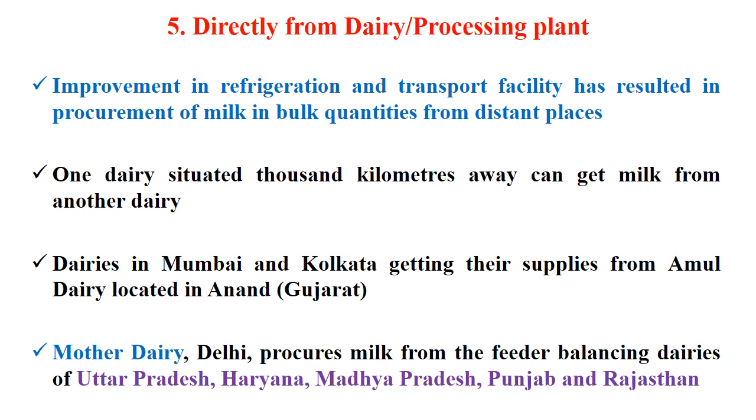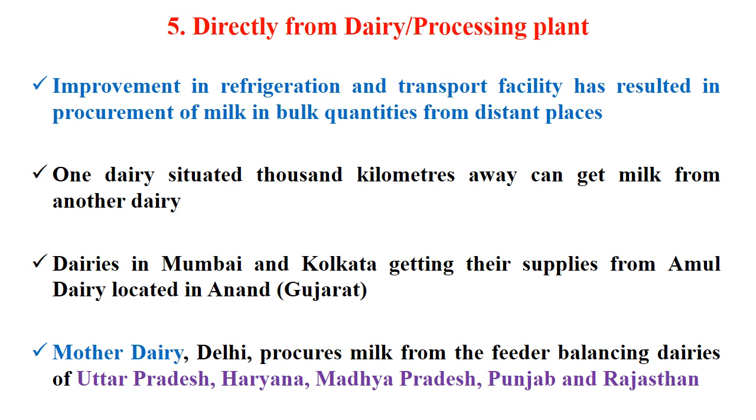This is another modern method of milk collection directly from the dairy or processing plant. Earlier we discussed the dairy development in India and the modern status of the dairy industry in India in two separate lectures. There I discussed the growth of dairy development and the status at present. Nowadays we have very modern infrastructure for milk collection and transport.